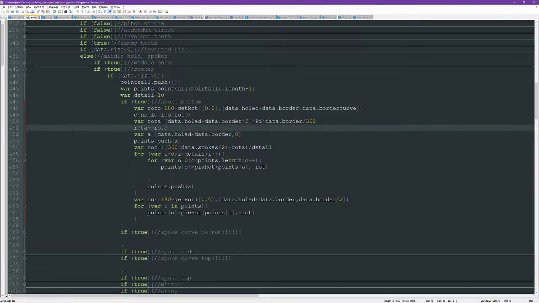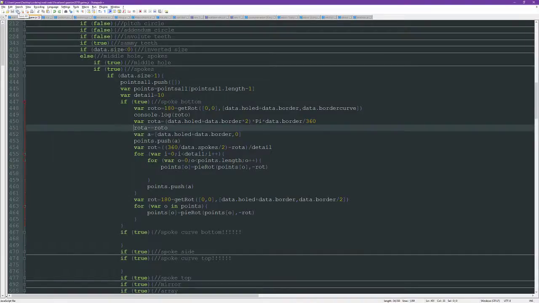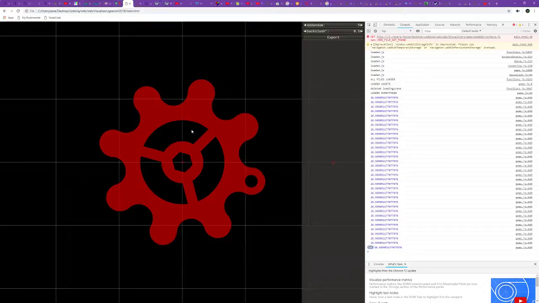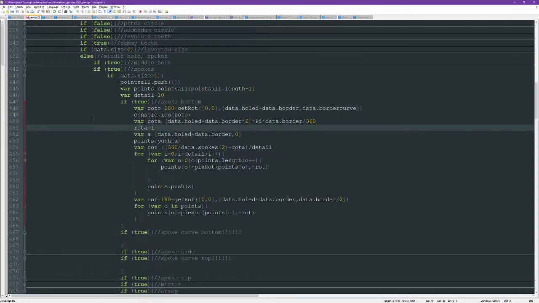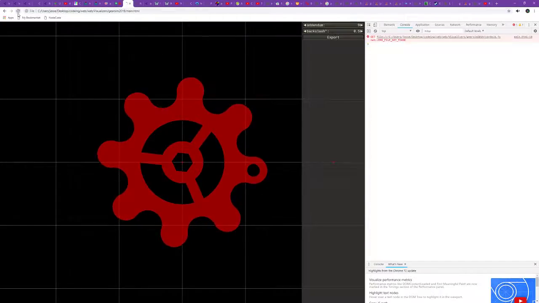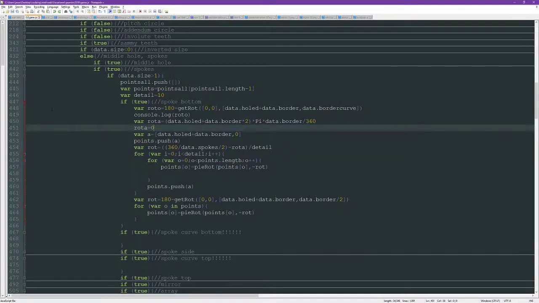Why does it not look changed? How could it possibly not make a difference? Whoa, what? Okay, what am I messing with?